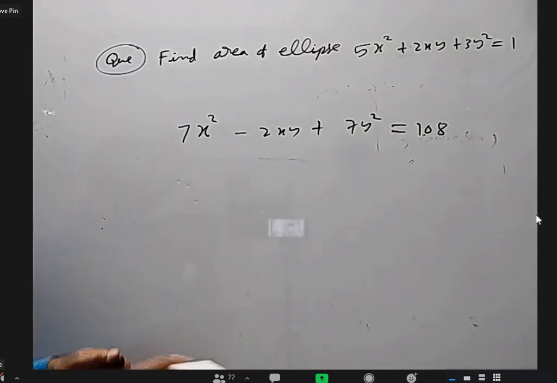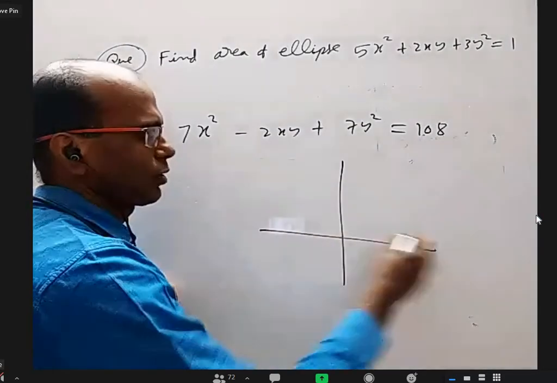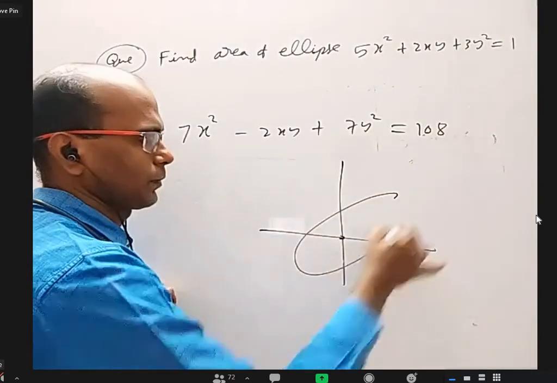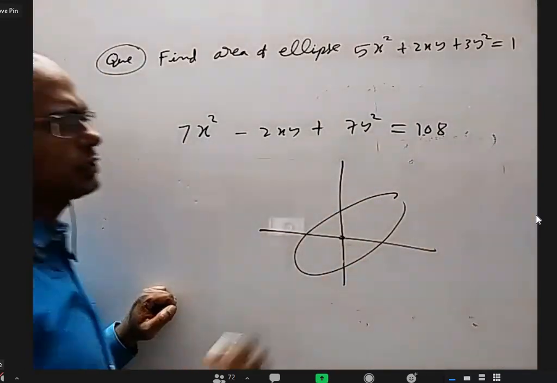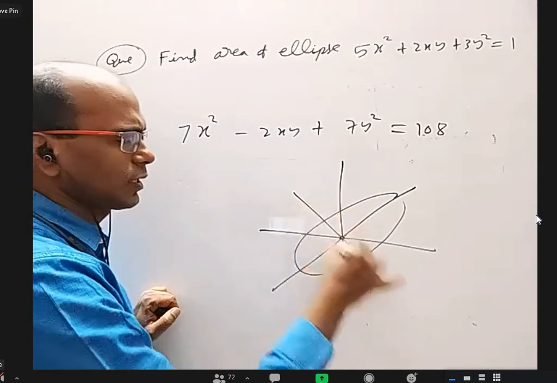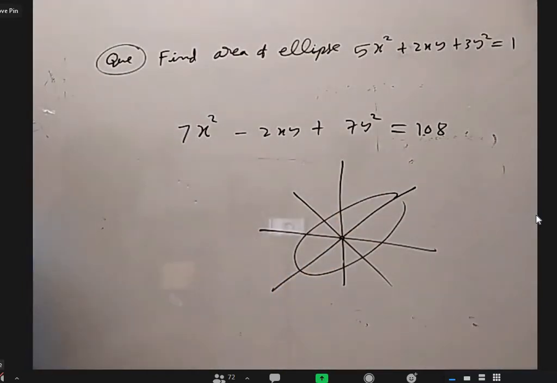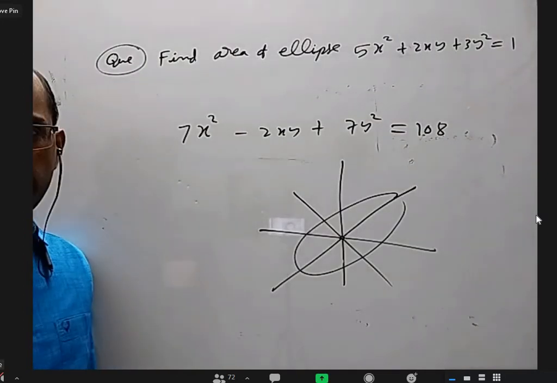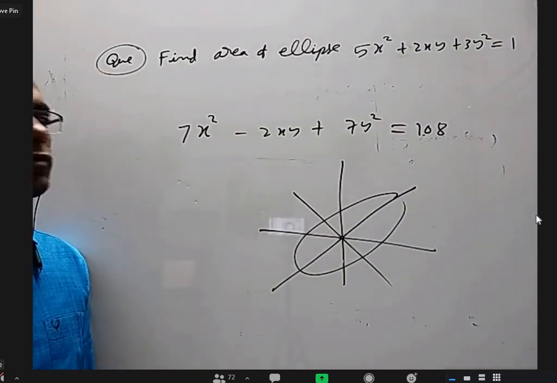This is also an ellipse with the center as origin, something like this. But for this, major axis and minor axis are y equal to x and y equal to minus x. Anybody want to comment why? That is one explanation why y equal to x is either major axis or minor axis for this.